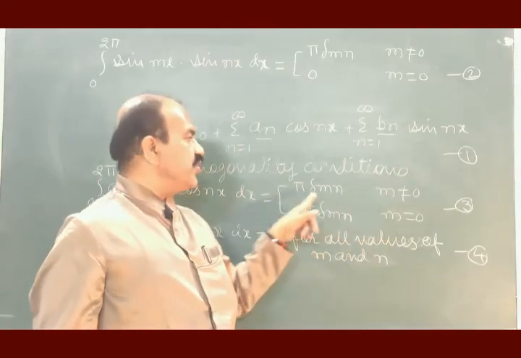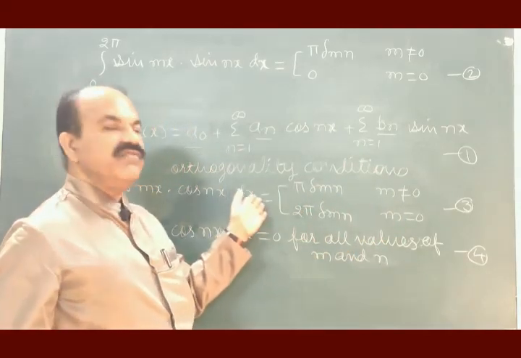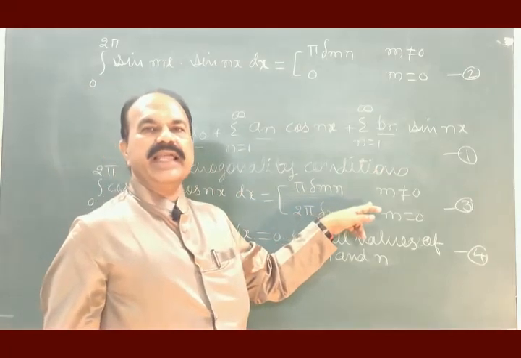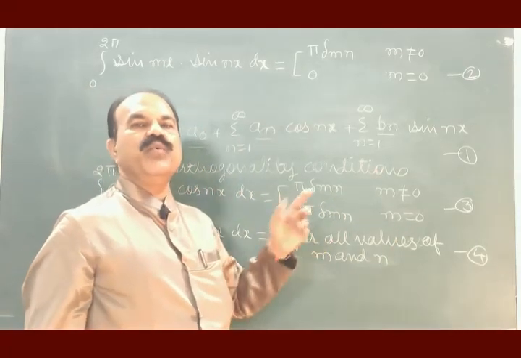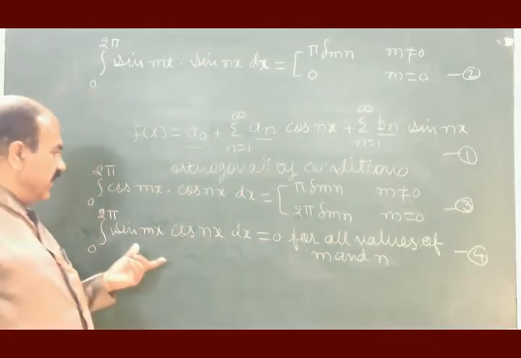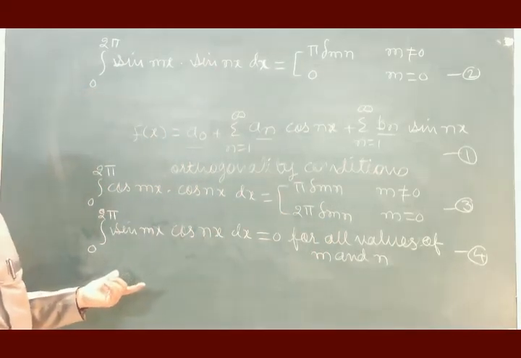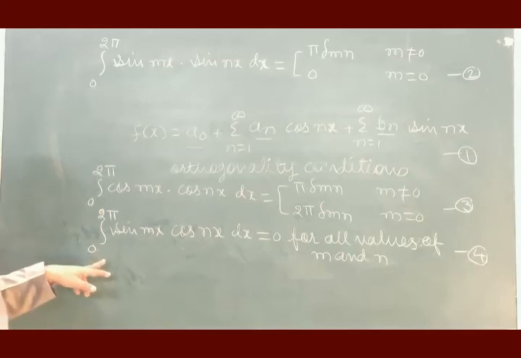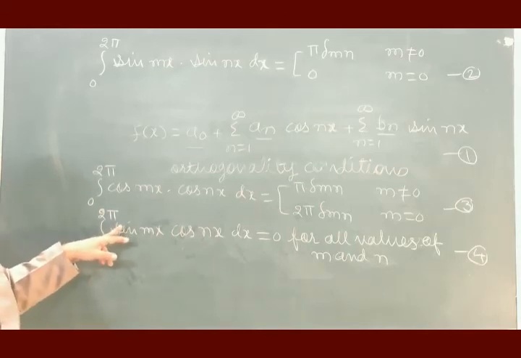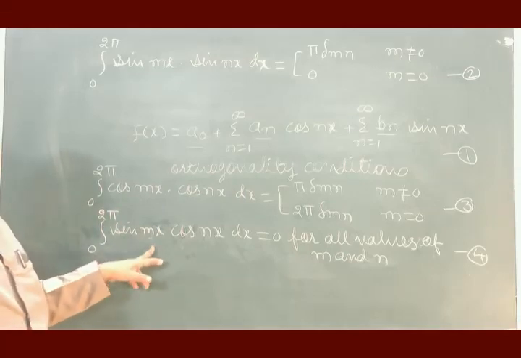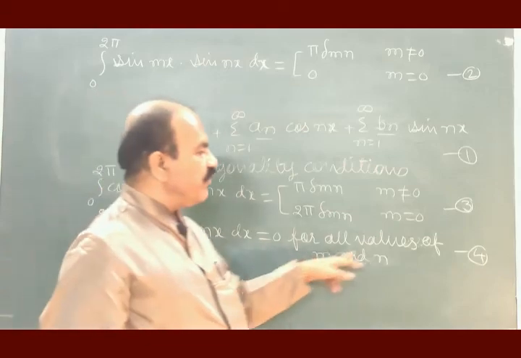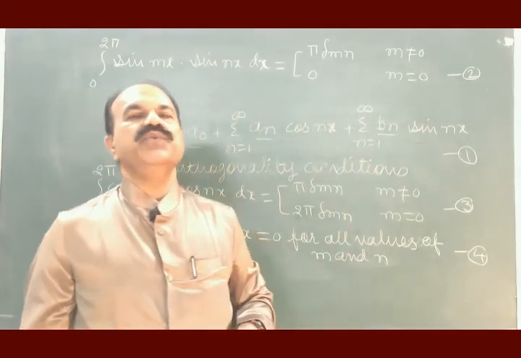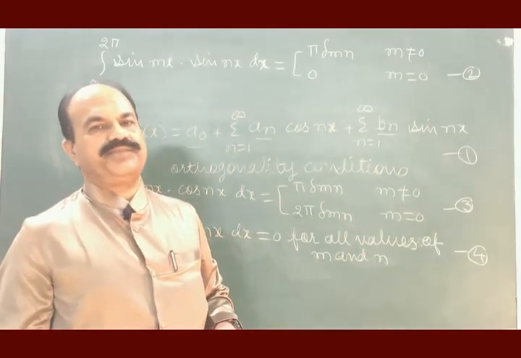The third orthogonality condition is integration within the limits 0 to 2 pi of sin mx into cos nx dx is equal to 0 for all values of m and n.